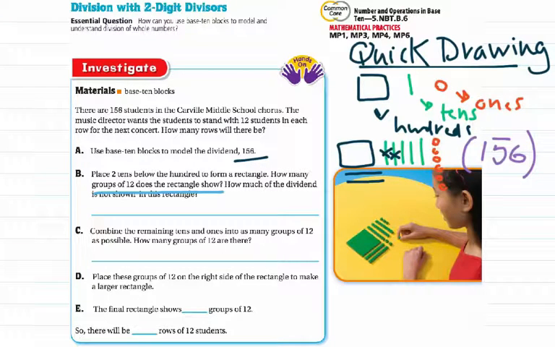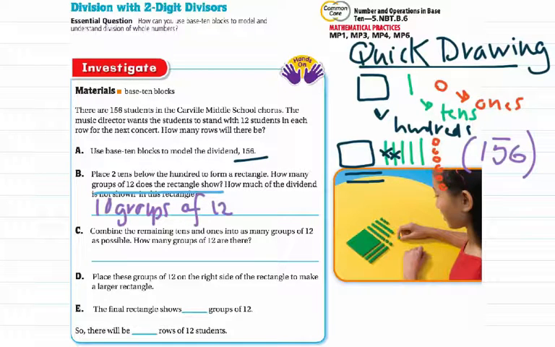So what we know is that there are 10 groups, and the reason we know there are 10 groups is because there are 10 sets within our 100, and inside each of the 10 groups we have 12. If we went down, we would have 10 plus 2 is 12, 10 plus 2 is 12, 10 plus 2 is 12, and so on until we got to 10 sets of 12.